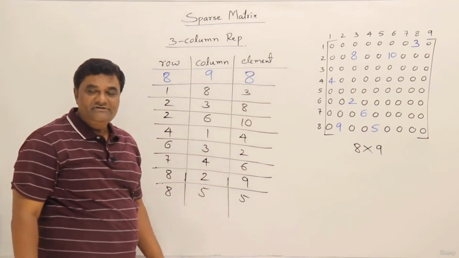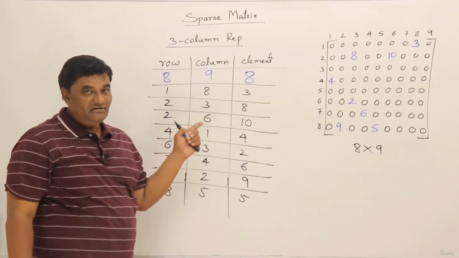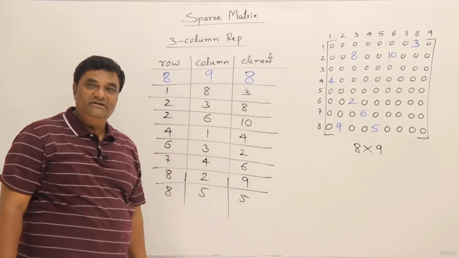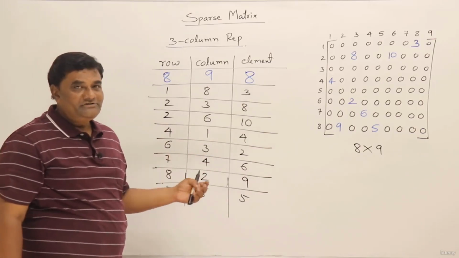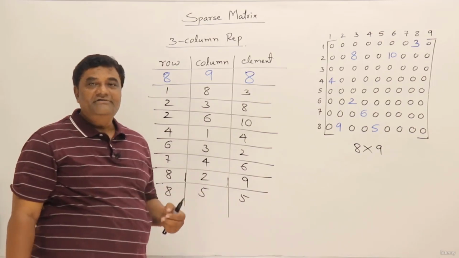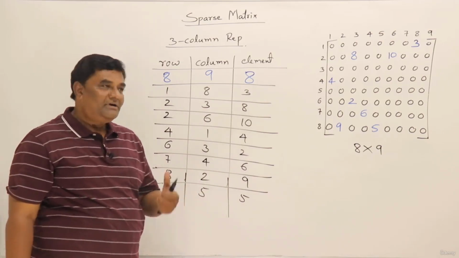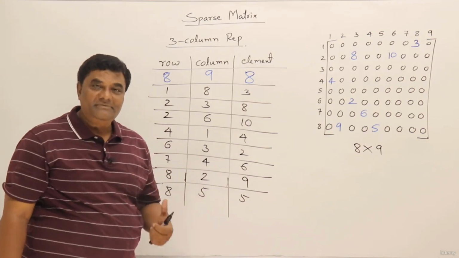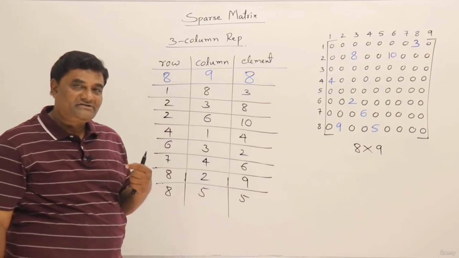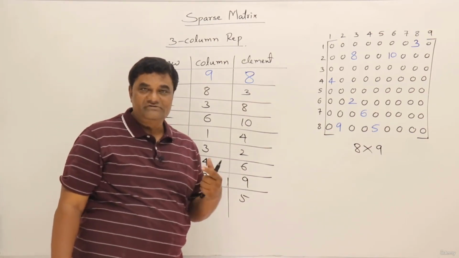So the first row we can use for number of rows, number of columns and number of non-zero elements. This is a commonly used method. Using this method, I will show you how to perform addition and subtraction of matrices. But before that, let us look at the second method, that is compressed sparse row.